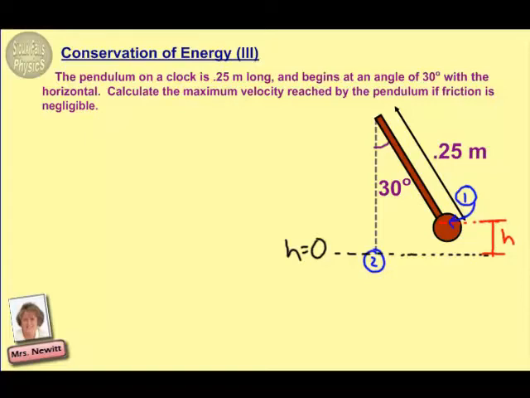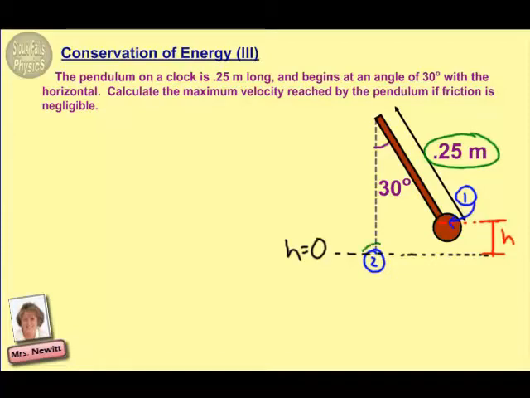However, what they tell us is not the height that the pendulum starts with, but rather the length of the pendulum and the angle. And here is a very important addition to your diagram, a little trick that will help these become much easier. Notice they've given us the length of the pendulum as being 0.25 meters.